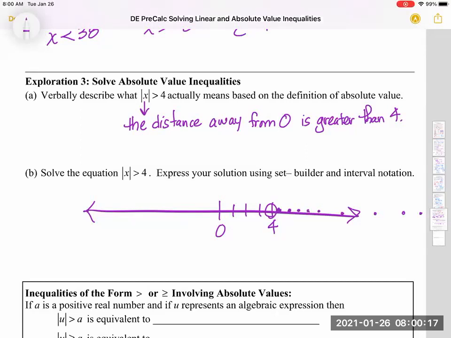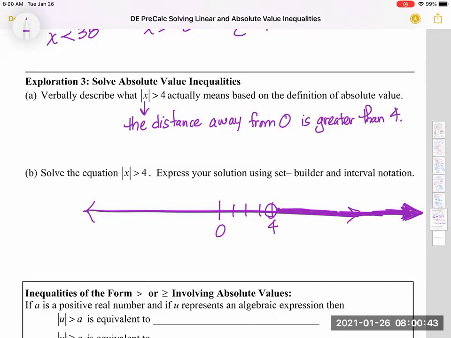Infinity is not really a number, it's just an idea, but it is greater than 4 units away from 0. So all of these numbers get shaded, and I'm over exaggerating, but everything all the way out to the right is going to be a solution because it's a distance greater than 4 units away from 0.